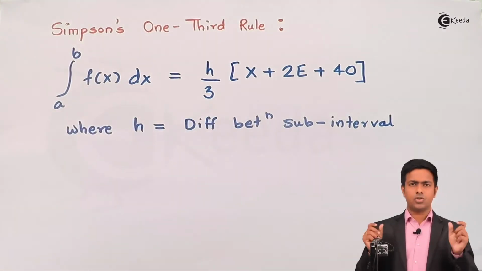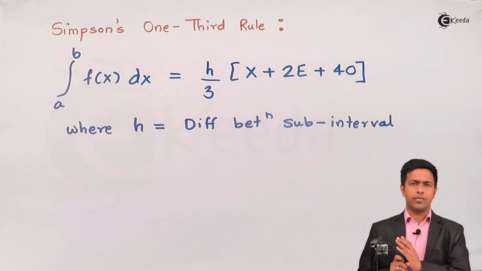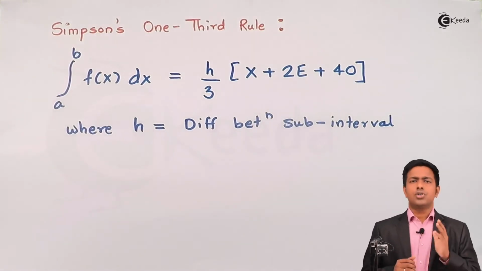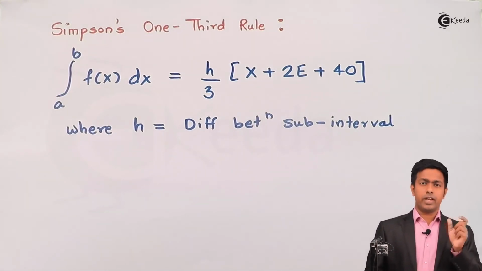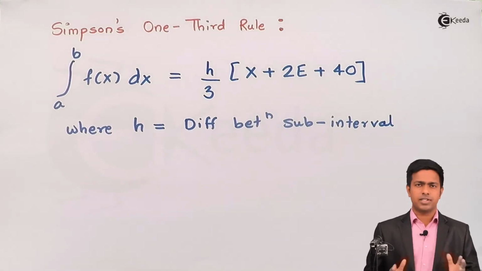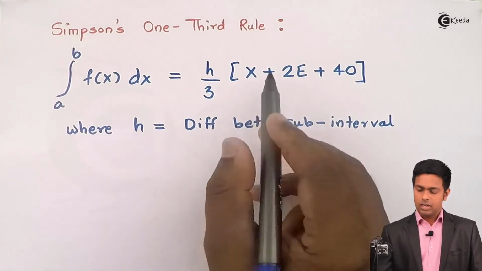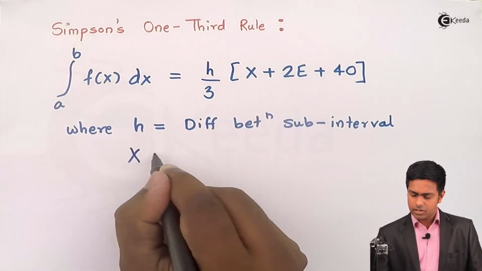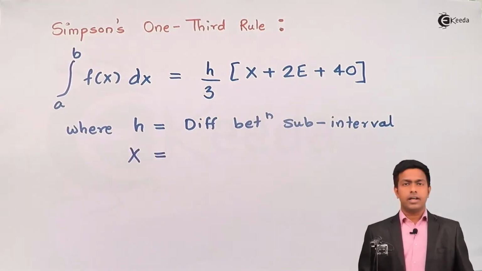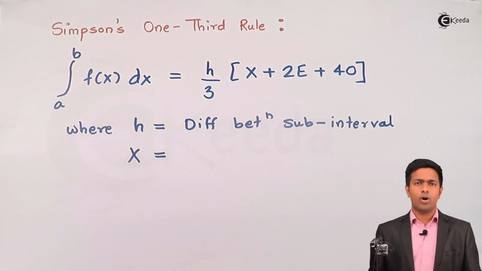In between these two points we take subintervals. The difference between any two subintervals must be the same, and hence we call that difference h. Then we have X, which is the sum of extreme ordinates.